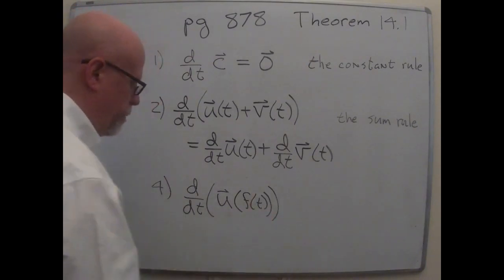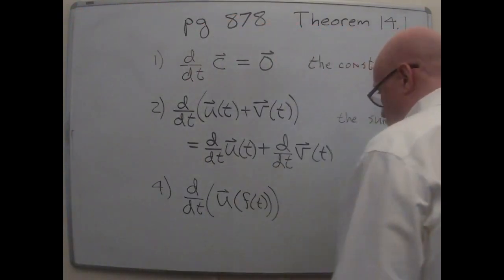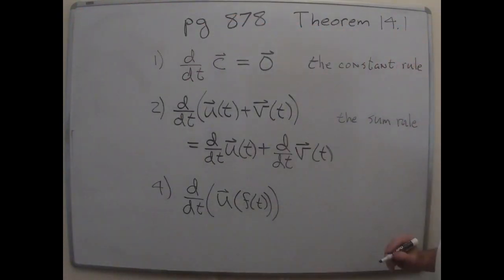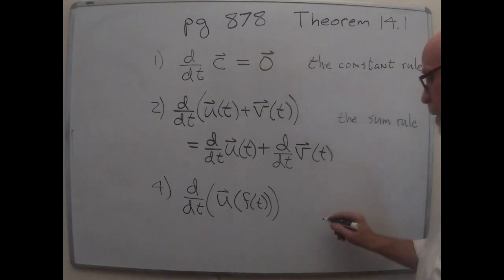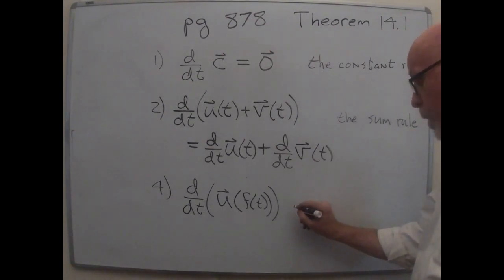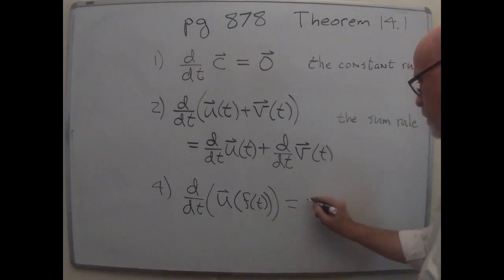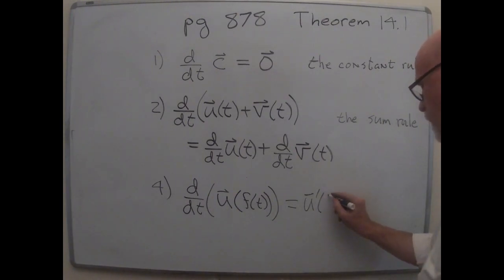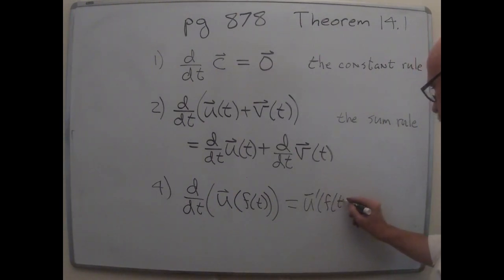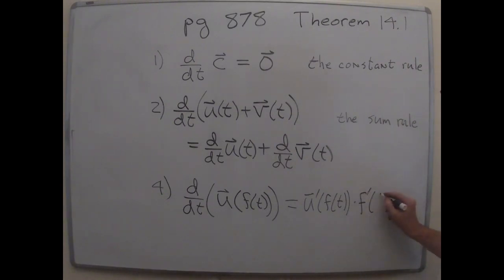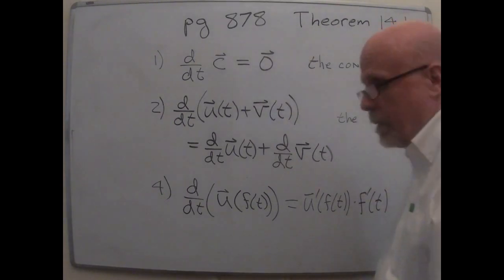That's what we want the derivative of. It's entirely analogous to what I just wrote for the chain rule. You take the derivative of the outer thing, which is u prime, evaluate that at the inner thing, and then scale by the derivative of the inner thing. That's the chain rule.